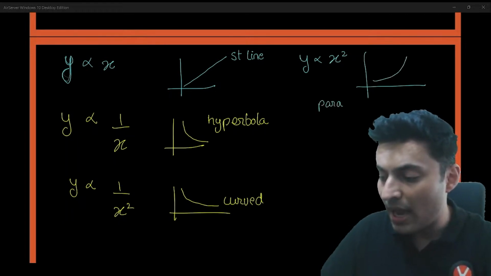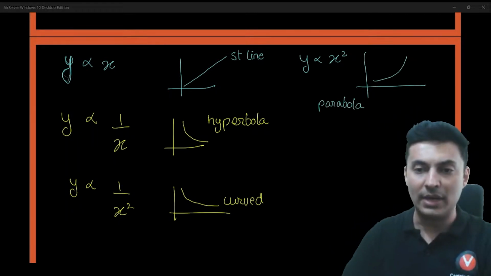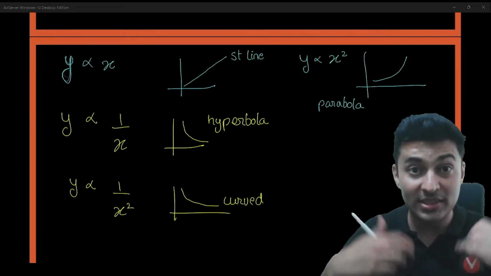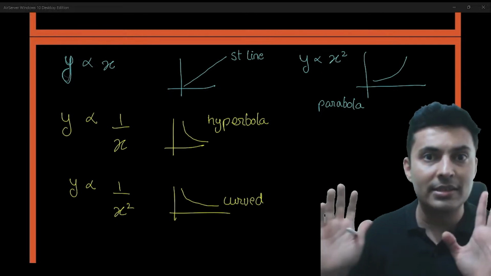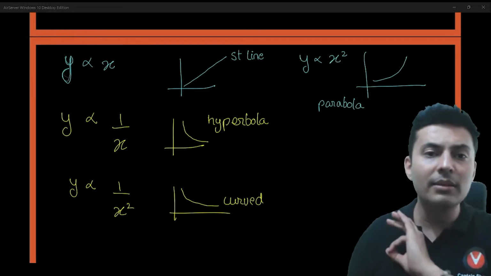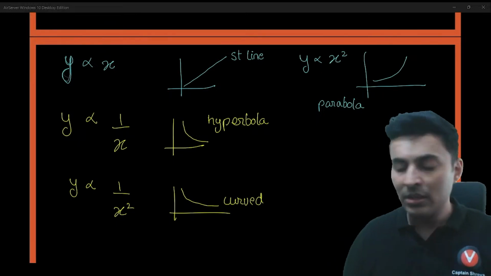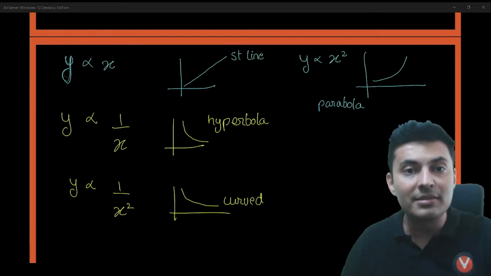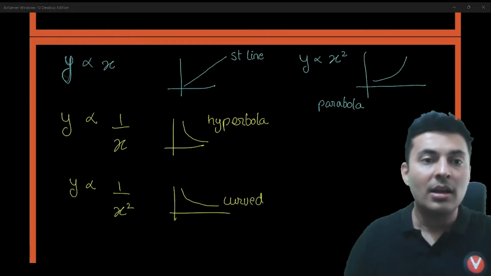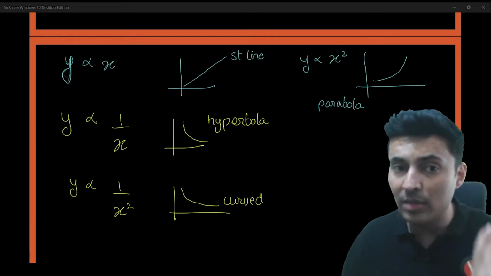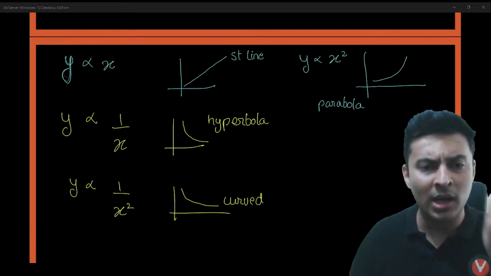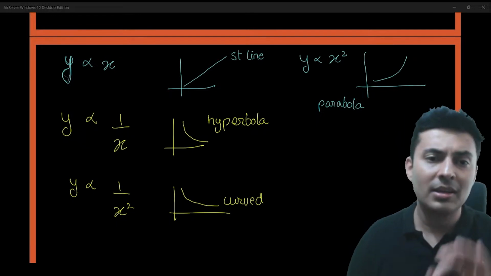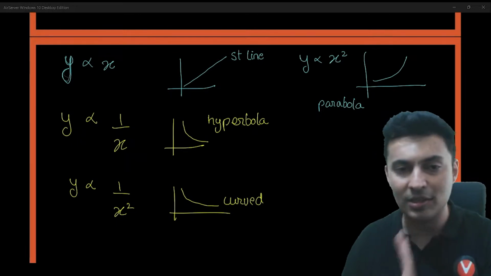Keep these things in mind, because this will be useful for drawing the graphs in many chapters in 12th standard physics. Something which is very basic. So x is a straight line, x square is a parabola, 1 by x is a hyperbola, 1 by x square is some curve looking like a hyperbola, but it is not a hyperbola. It's just a curve.